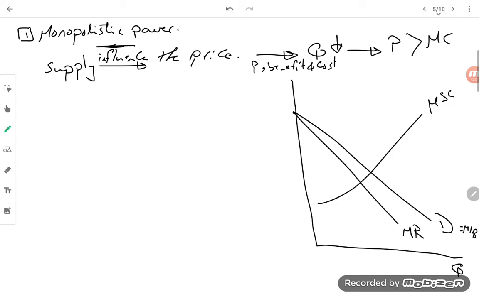If it is a perfect competition, equilibrium will be achieved at this point, which is point E. But actually we are in a monopolistic market, or a market with monopolistic power. So the profit maximizing point will be achieved when marginal revenue equals marginal social cost.